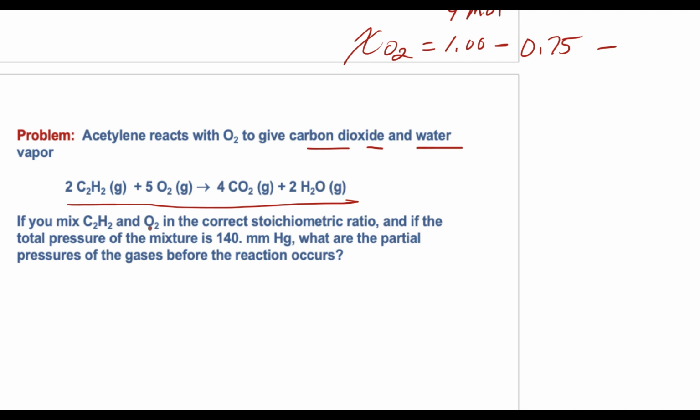If we mix acetylene and oxygen in the correct stoichiometric ratio, in other words, 2 moles of acetylene with 5 moles of oxygen, and if the total pressure of the mixture is 140 millimeters of mercury, what are the partial pressures of the gases before the reaction occurs?